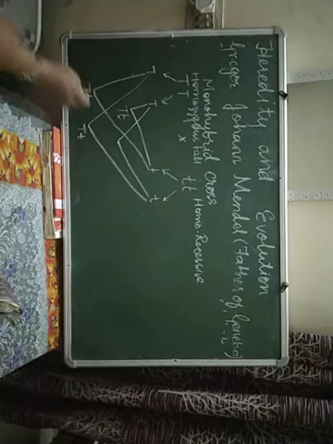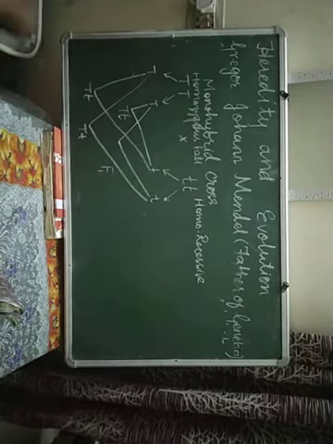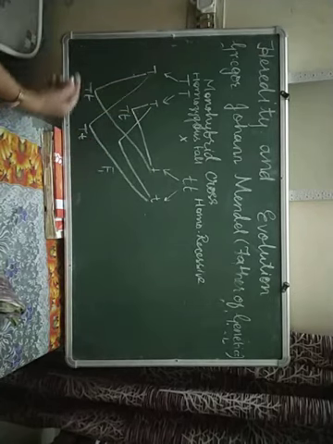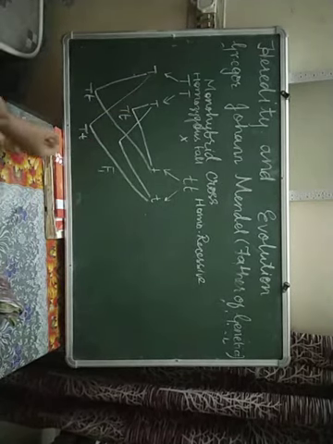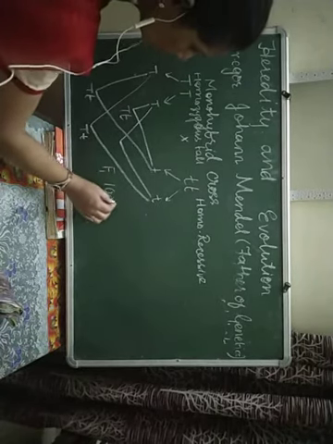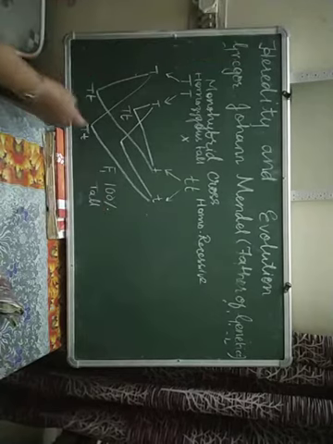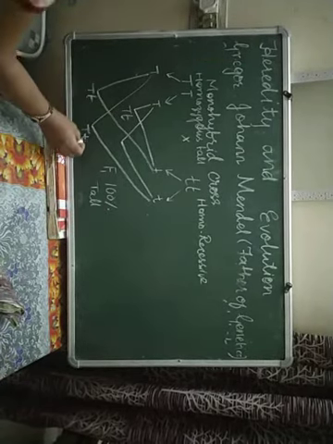In the first generation, the F1 generation, the result obtained was 100% tall plants. All were heterozygous tall.